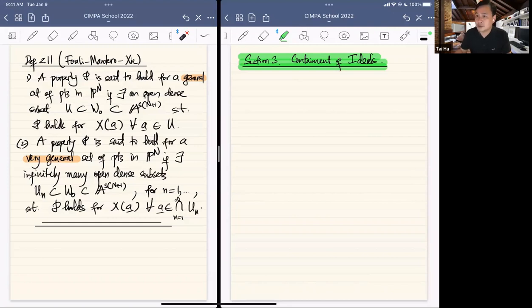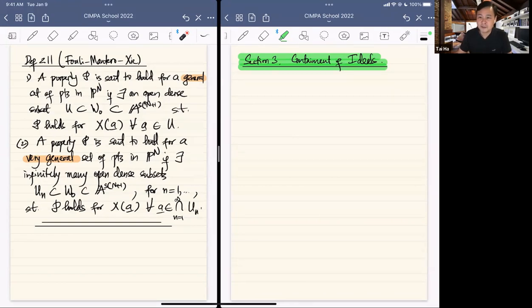So maybe it's a good time for me to stop and try to address the questions. The first question I saw was, is there an analog for maximal Hilbert function in terms of commutative algebra? Well, the notion of maximal Hilbert function is a commutative algebra notion.